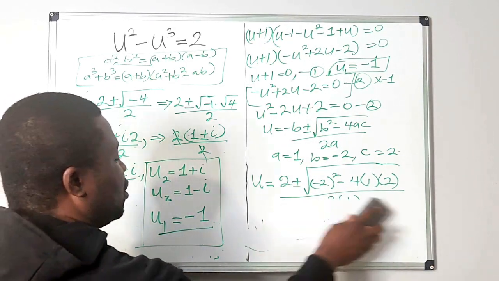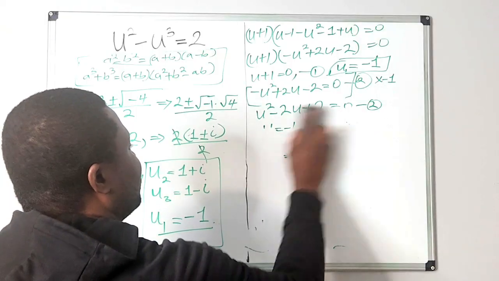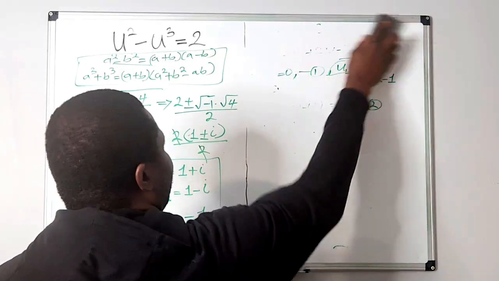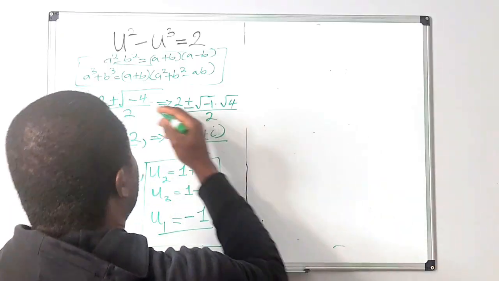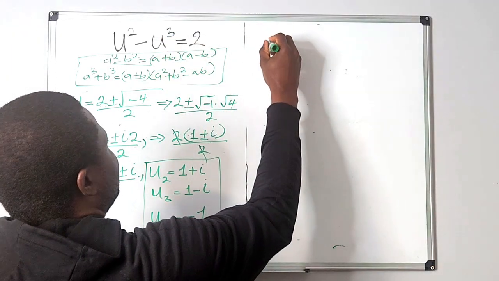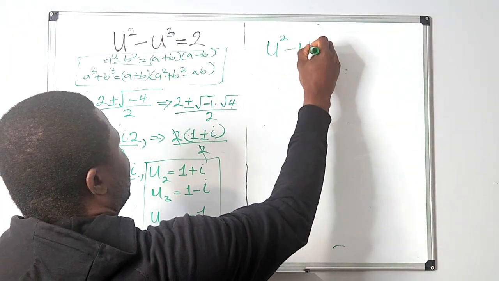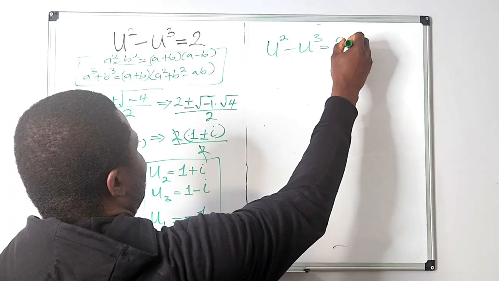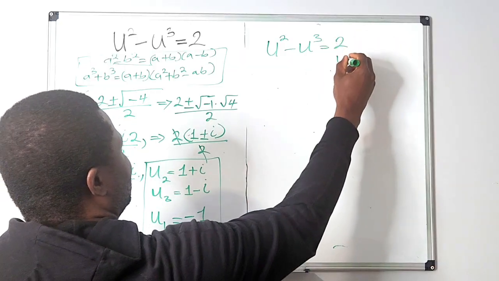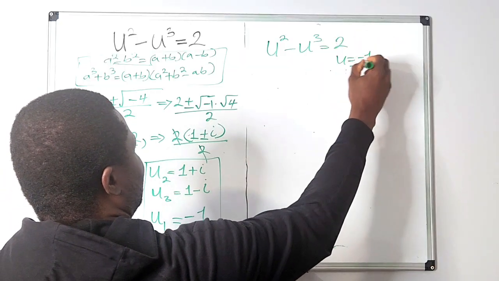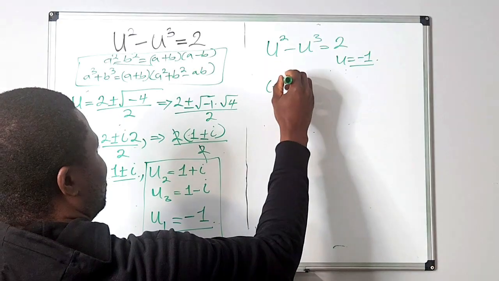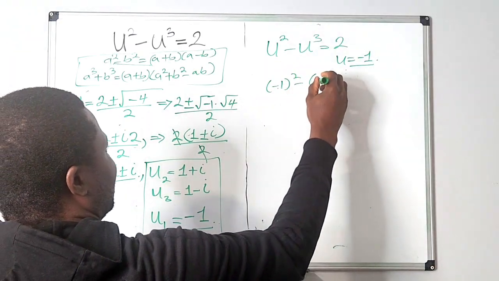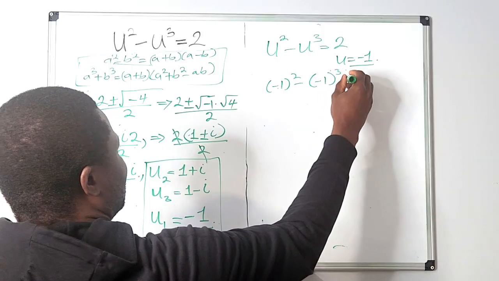Okay, so now it's time to verify, to make sure that our values are correct. We have that u raised to power 2 minus u raised to power 3 is equal to 2. And we have that u is equal to minus 1. So let's plug minus 1 in here. We have minus 1 squared minus minus 1 cubed.